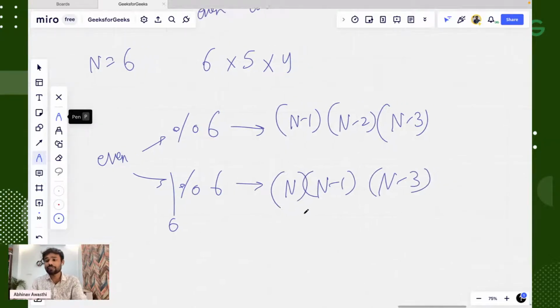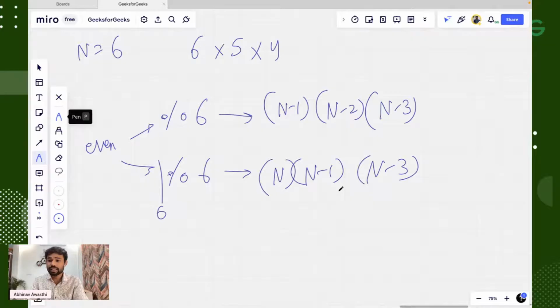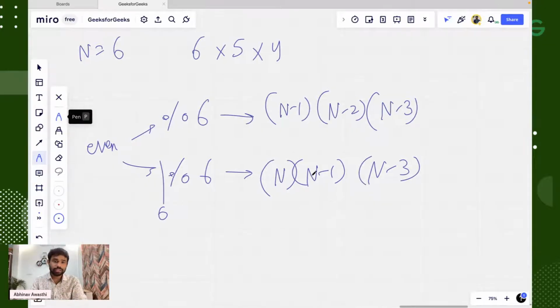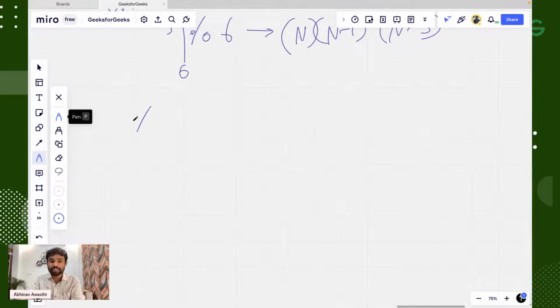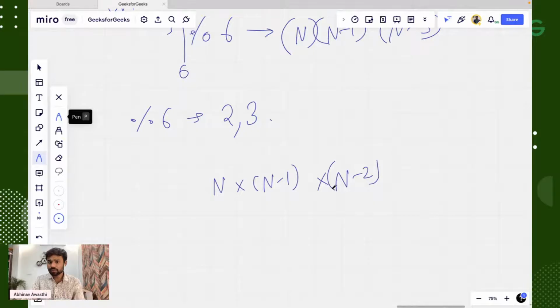Now let's try to understand why this is the case. If a number is divisible by 6, that means it is divisible by 2 and also 3. So initially we were having n into n minus 1 into n minus 2.